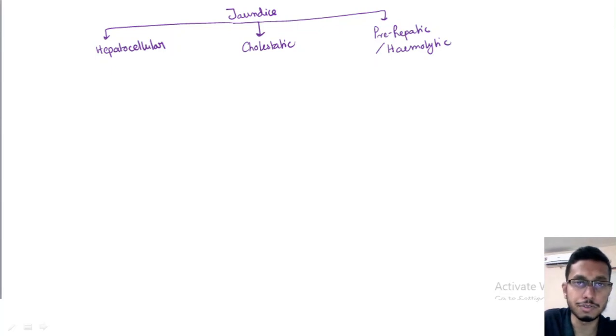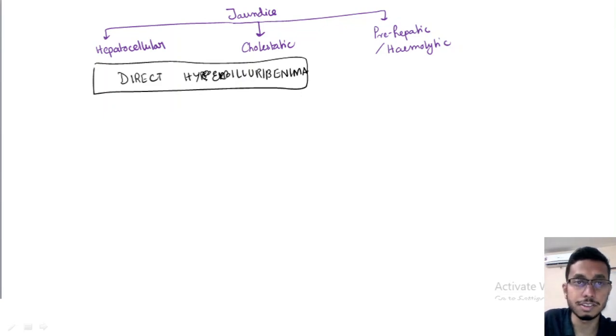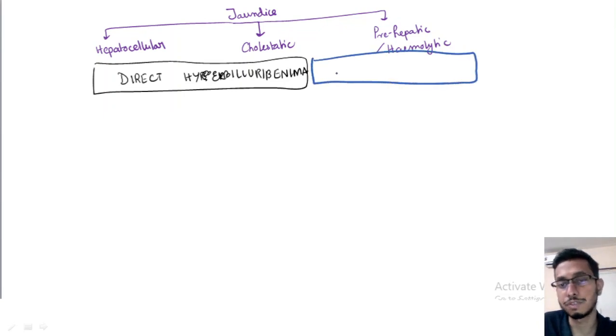Now, what is the usual pattern? Cholestatic and hepatocellular jaundice both will have direct hyperbilirubinemia, whereas pre-hepatic will have predominantly indirect hyperbilirubinemia, that is more of a rise in unconjugated bilirubin.